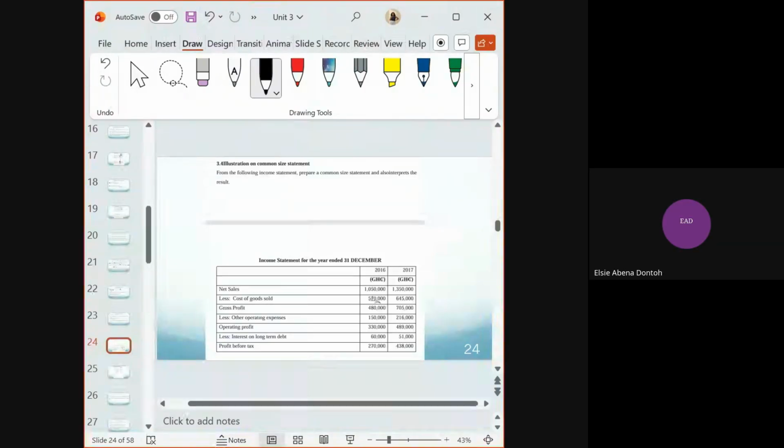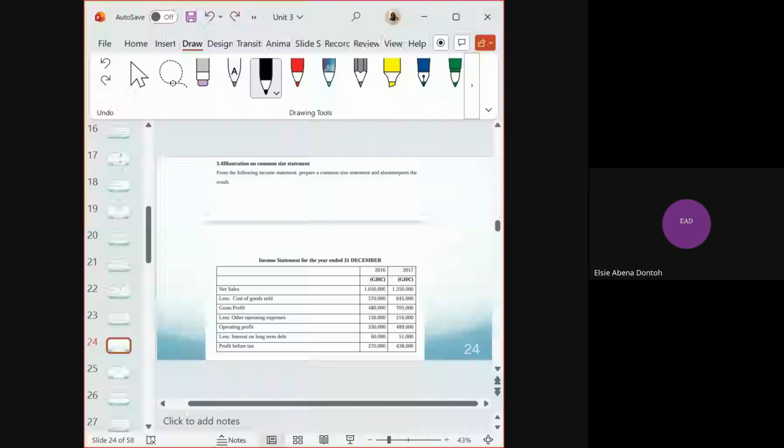The figure is on the slide. What is the base?